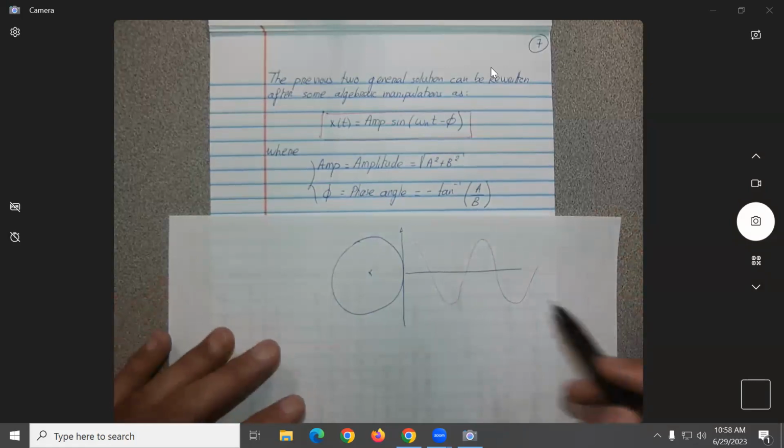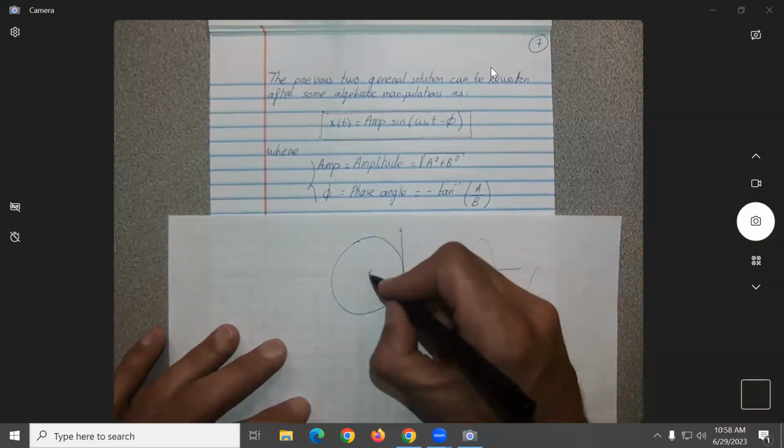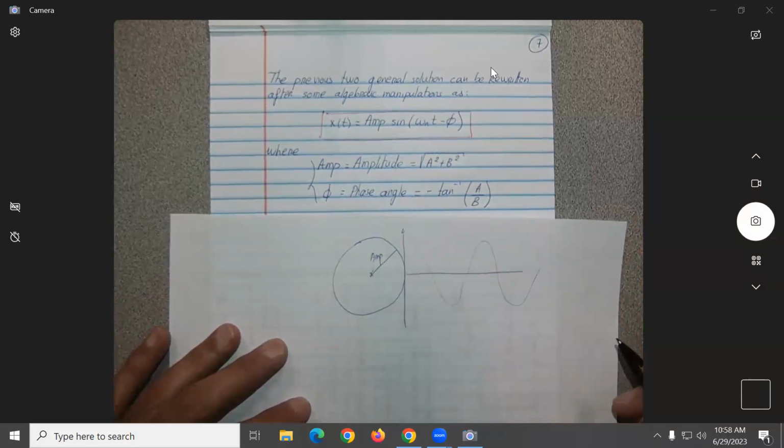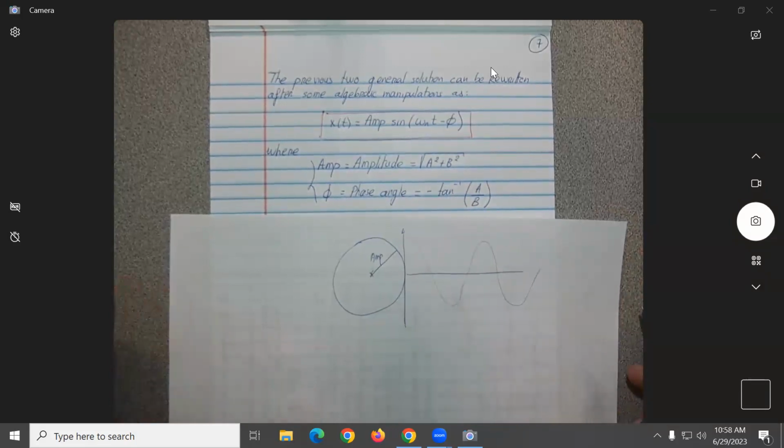The amplitude is easy to understand. In our case, the amplitude will be equal to the radius, how much is going up and down. What is the phase angle?